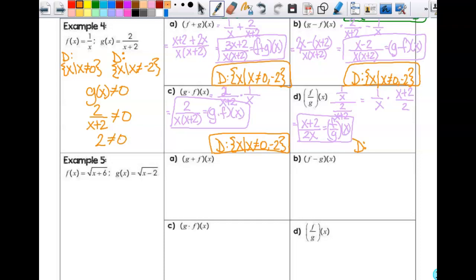Yeah, 2 can't equal 0. It's a true statement. That's good. But I didn't get an x can't equal something. And the reason is because that function is never going to equal 0 anyway, so there's not a value it can give you. So since I got something like this, there is no change. The domain is still just the same. There's not an additional thing to put in there. So it's the set of all x's such that x cannot equal 0 or negative 2.